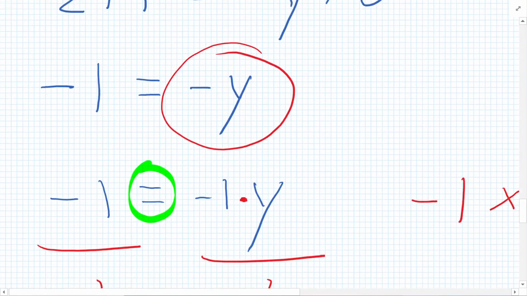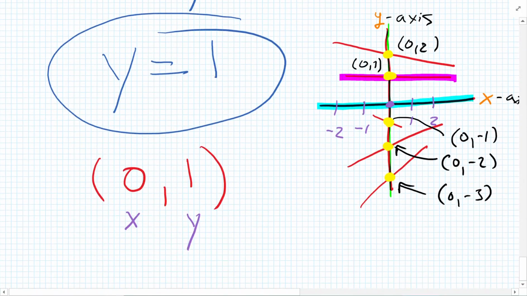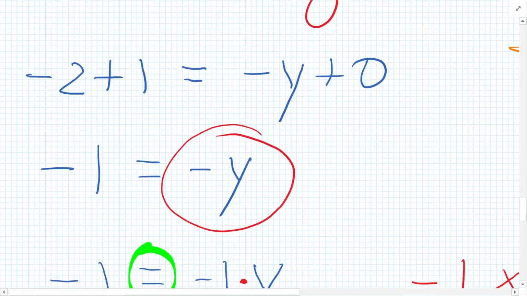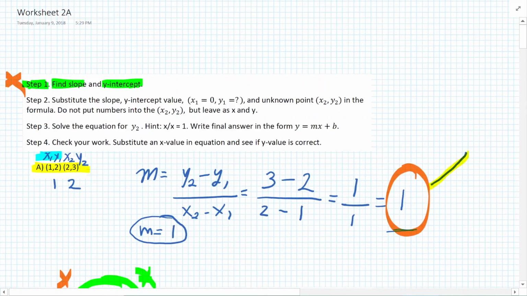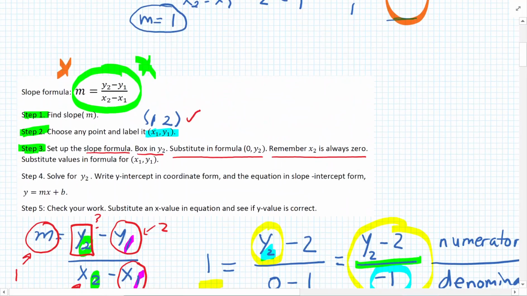Let's remind ourselves of that value. Y-intercept is 0, 1 as a point. Okay. I'm going to write that down. Slope equals 1. The y-intercept is 0, 1. Okay. Did we finish all these steps here? Step 4.